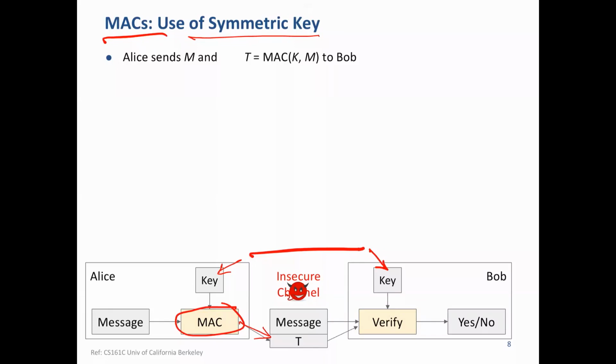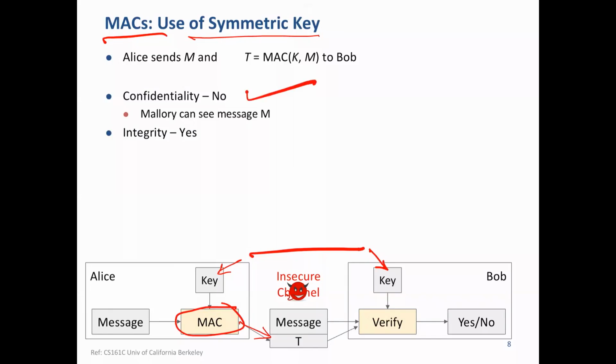Okay, so now we have designed some MAC functions. What we get from this is confidentiality, no, because the message is in plain. Integrity, yes, because if the message is tampered with by Mallory in between, it will be detected at the end, because Bob knows the key, will compute the tag, and find out that the tag doesn't match, right?